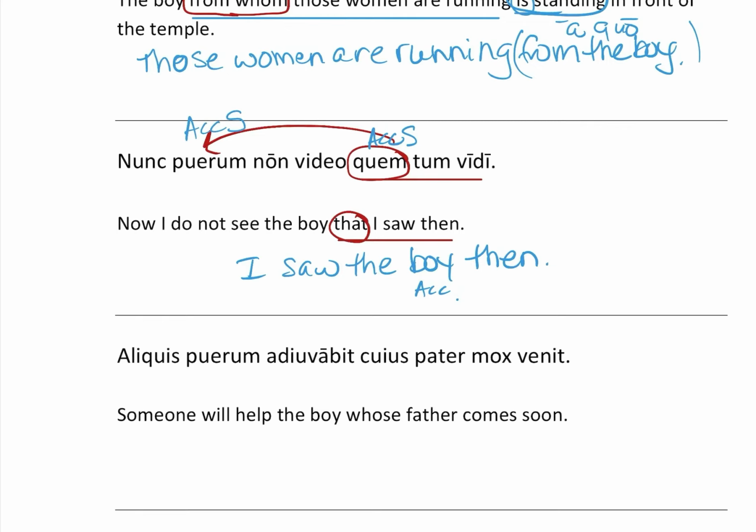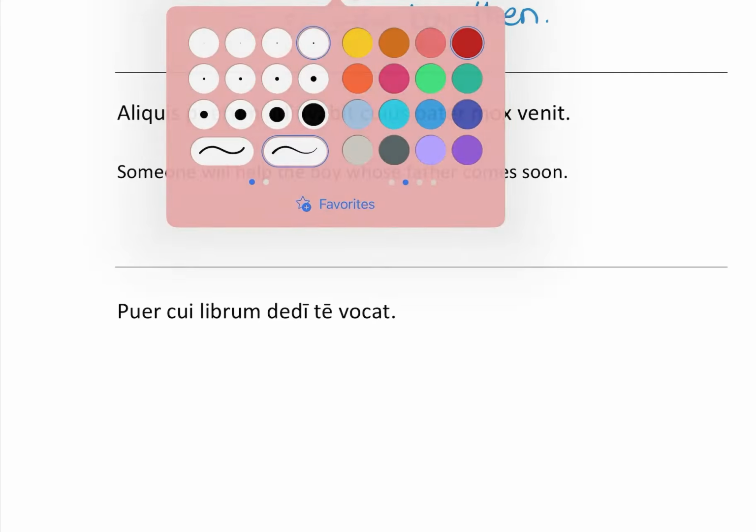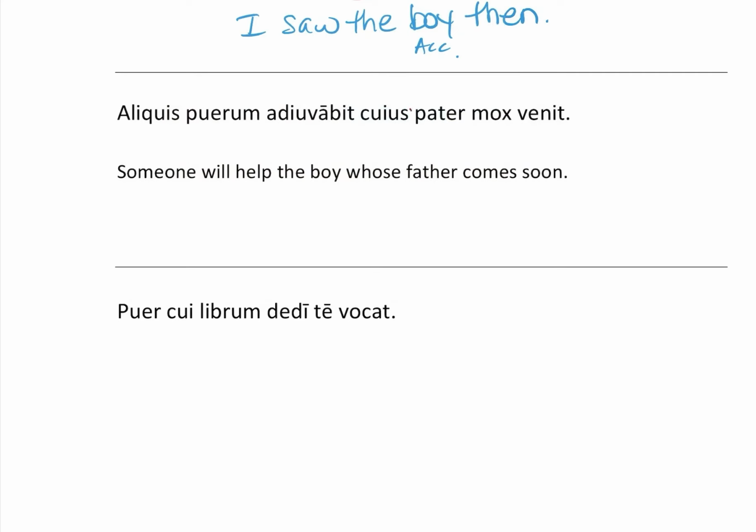All right, let's look at the next one. Aliquis puerum audiobit cujus pater mox venit. All right, so let's take a look at the relative pronoun is right here, cujus. And we already know, if you've paid attention to your chart, that it's genitive. But I'll show you how to know that it's genitive singular.